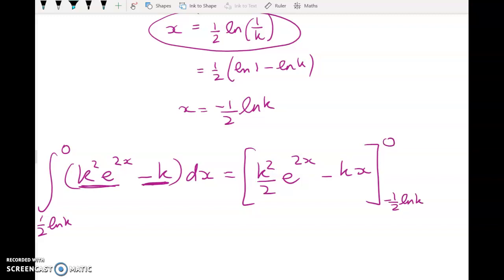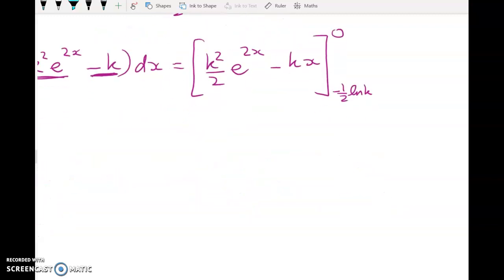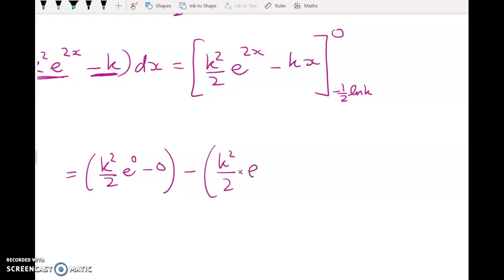And now we're really carefully going to substitute in. I'll give myself a bit more space. The first substitution, k squared on 2 e to the 0 minus 0, minus k squared on 2 times e to the 2x, so it's going to be negative 1/2 times 2 ln k, minus k on 2, negative of this, so it's going to be a plus in here.